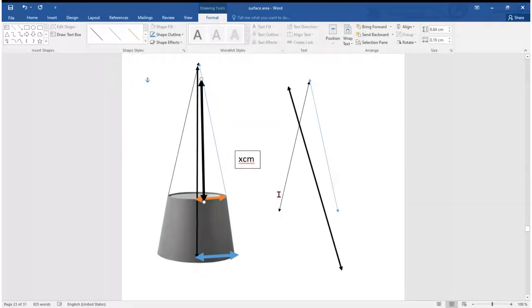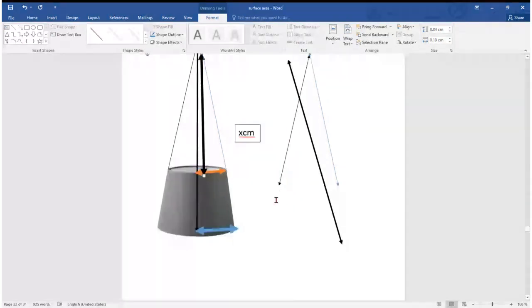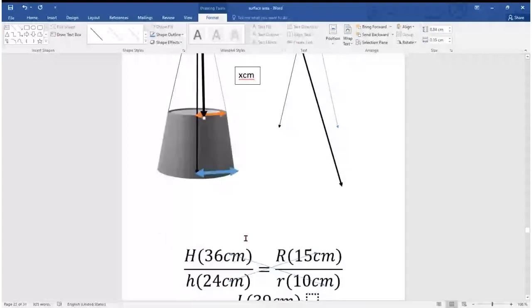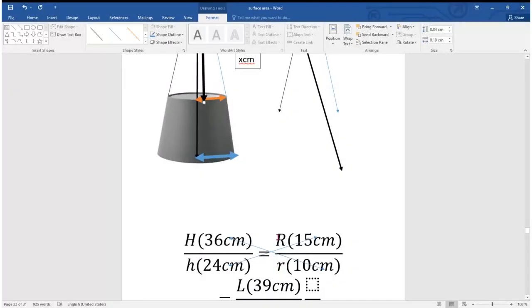So for example, here we have been told that the bottom radius is 15 centimeters. Top radius is 10 centimeters.